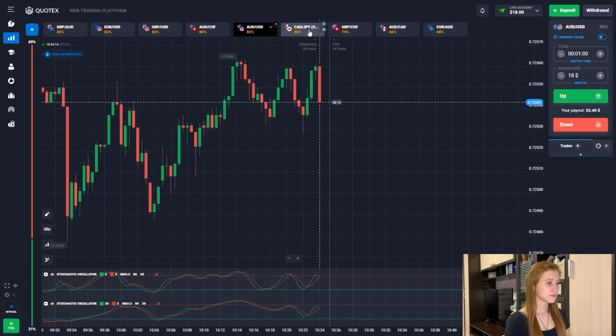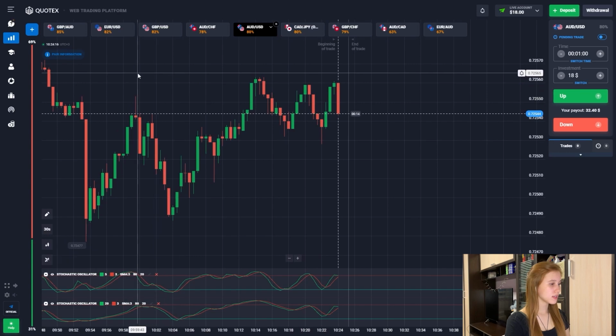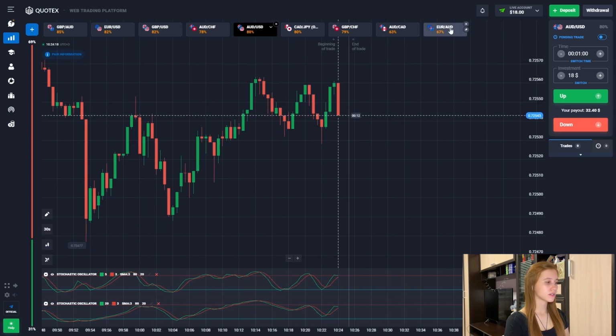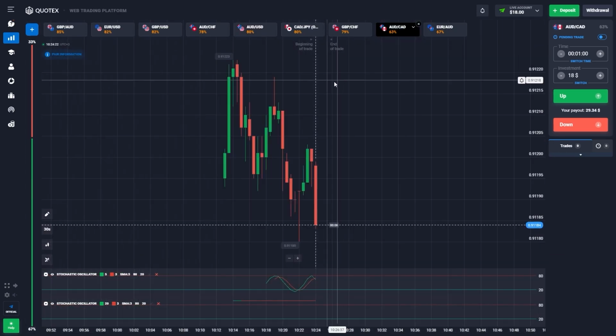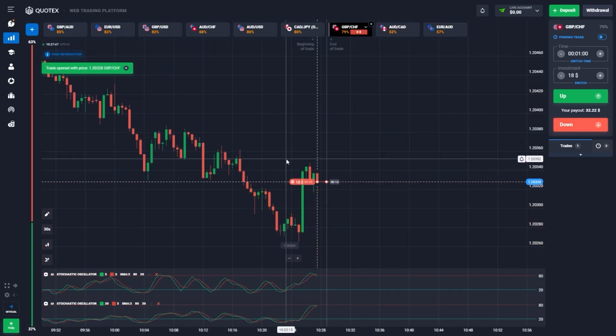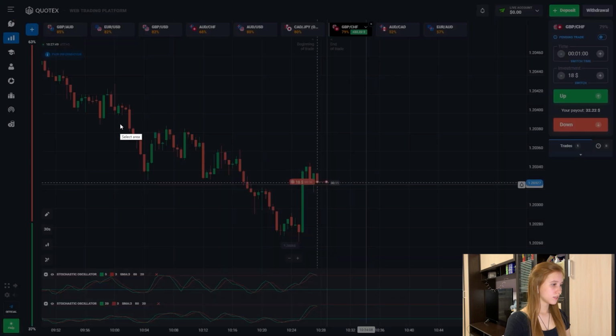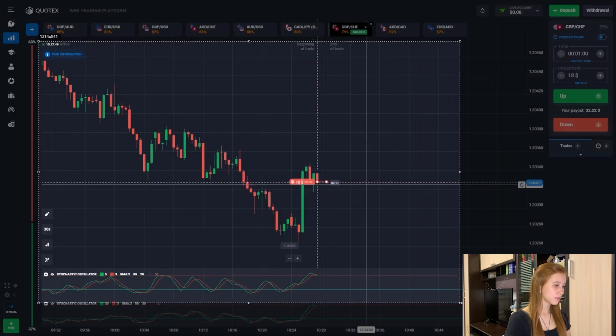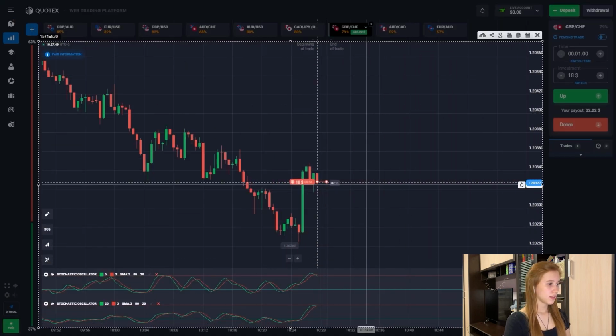Plus, the first positive trade, it was pretty easy. I was satisfied with the movement of candles, and now let's change the currency pair for a successful deal. I think put it down. Let's note we see that the downward trend prevails and there was an exit in this area.